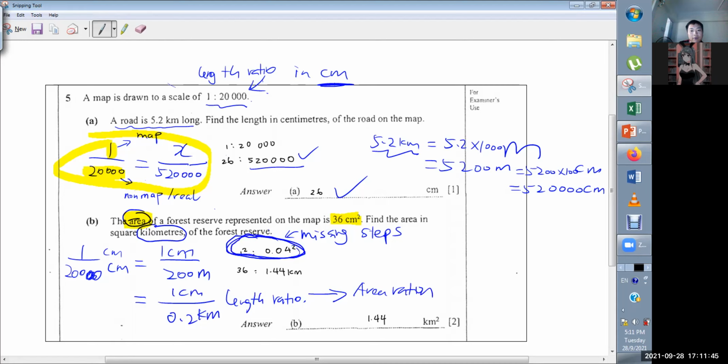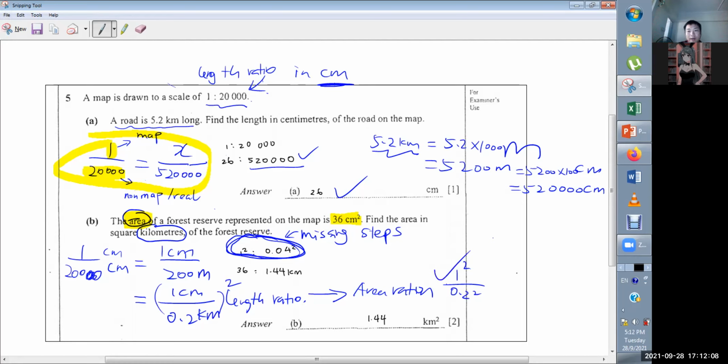This is the step you need to show. You just square this whole thing. Once you square this whole thing, you are getting 1 square, and then of course 0.2 square. So what you need to do is show this step, which you did not. That's why I say this is your missing step.